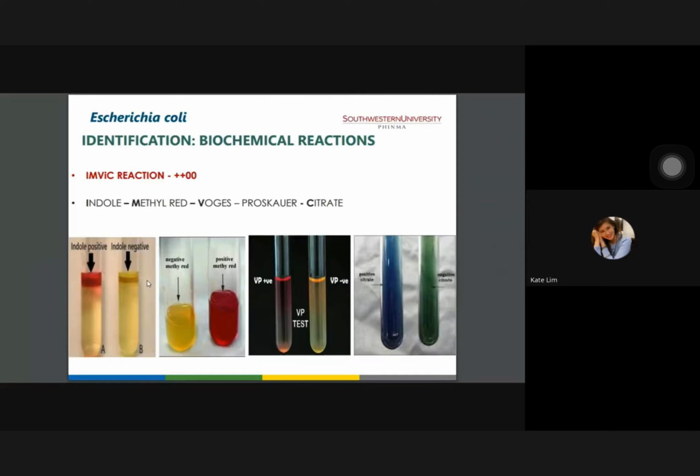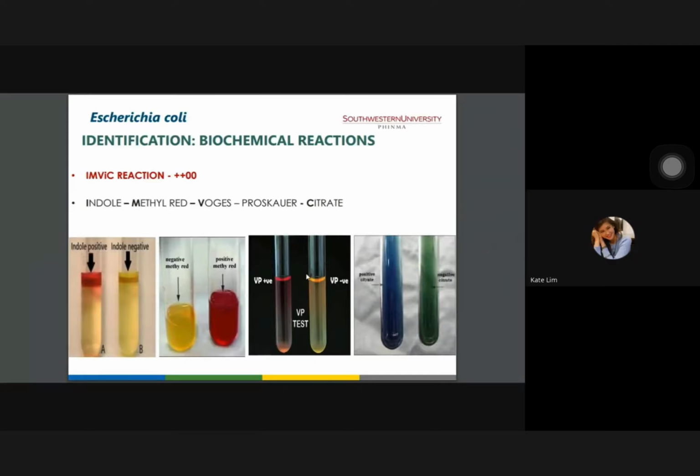How about your Voges-Proskauer test? For the Voges-Proskauer test, we are detecting the ability of the bacteria to metabolize pyruvate into a neutral intermediate product.